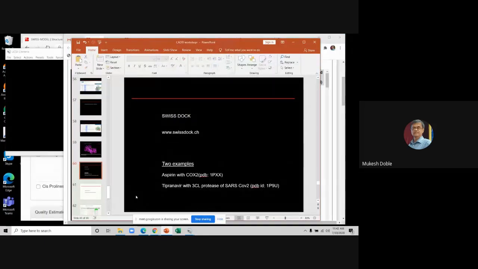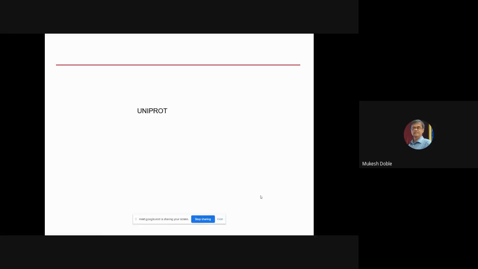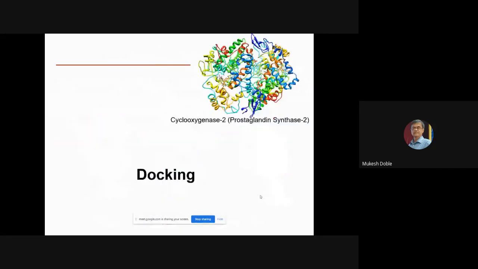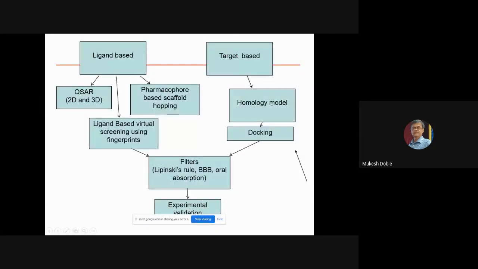Okay, so that's how the concept of docking goes about. So you start with the homology modeling, because you might not have the 3D structure.